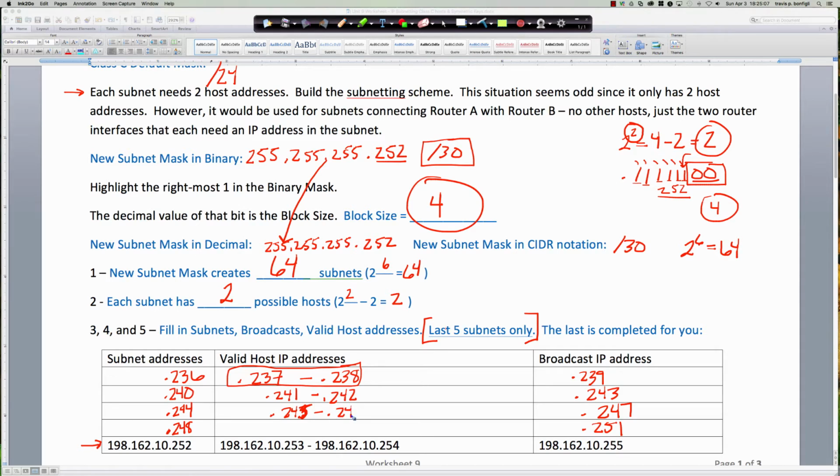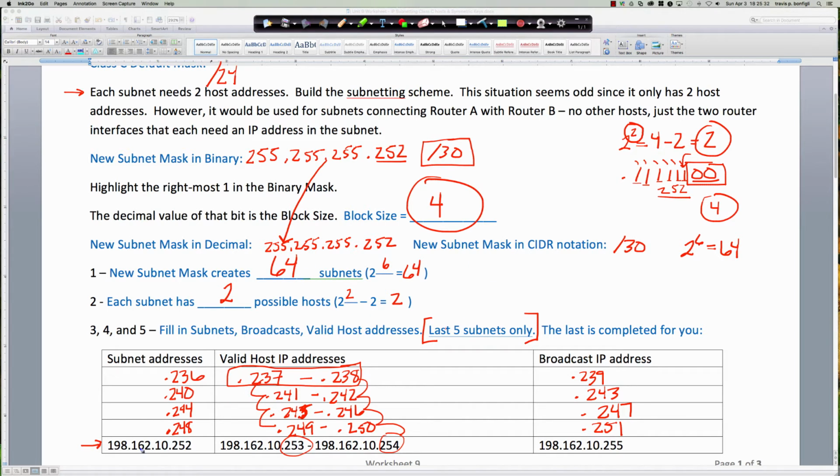And 246. And then 249 and 250. Okay. And then 253 and 254. You can see that over here they go by 4, right, by the block size, and these increment by 4 as well. All right, so that is how you sort out the first part of worksheet number 9.